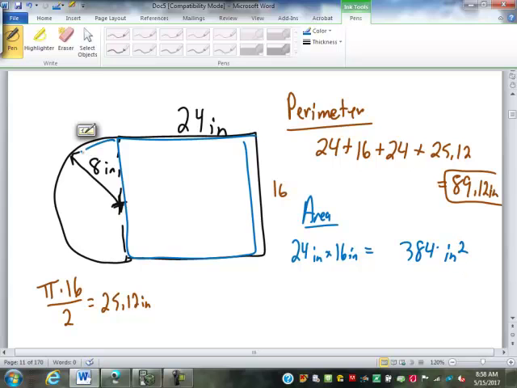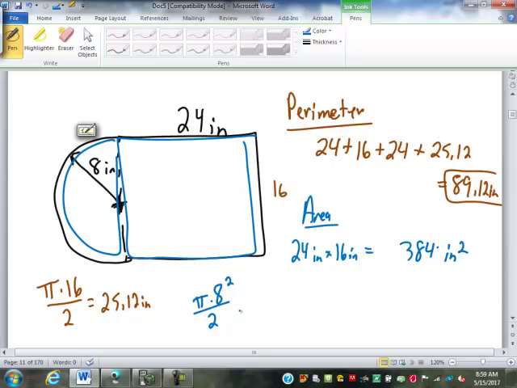Then I've got this half circle here. Pi times radius squared. So pi times what squared? Is 8 the radius? Yes, it is. So pi times 8 squared, but we do have to divide by 2 because it's only half a circle.